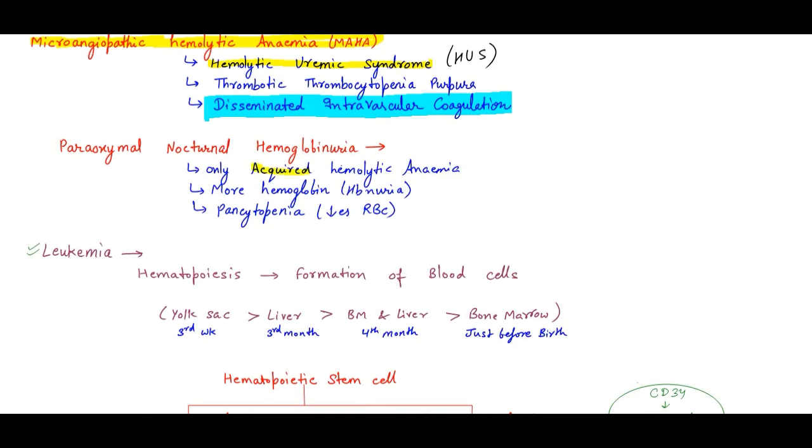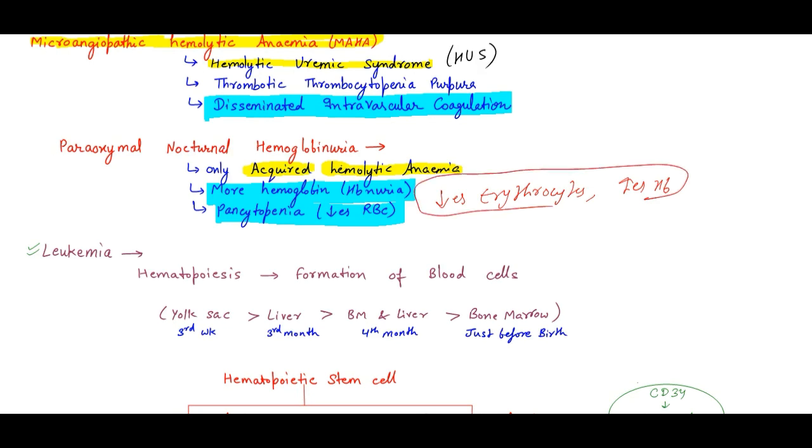So remember, if the question says only acquired hemolytic anemia, why did I put this? Because there is a question in which there is more hemoglobin. If the question gives you more hemoglobin or hemoglobinuria, and there is decreased RBC or pancytopenia, decreased erythrocytes and increased hemoglobin, that is the case of acquired hemolytic anemia.